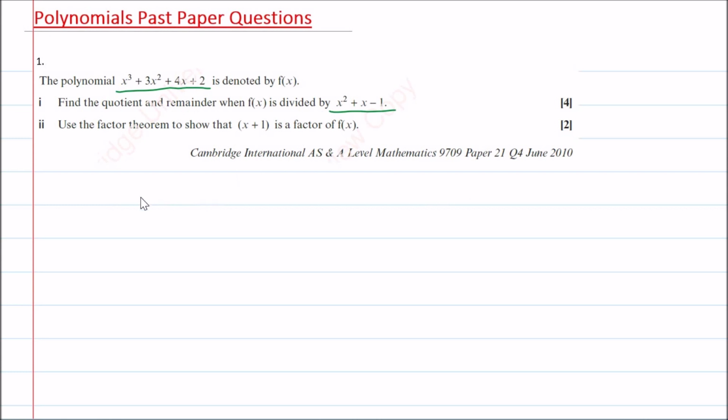So let's divide x square plus x minus 1 into x cube plus 3x square plus 4x plus 2.